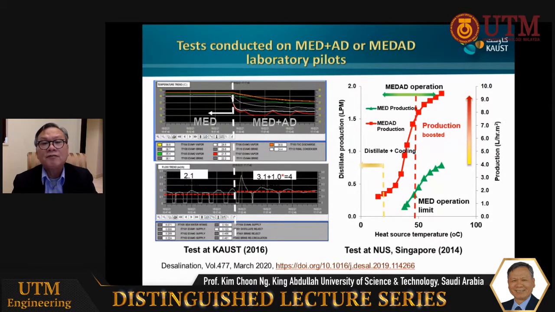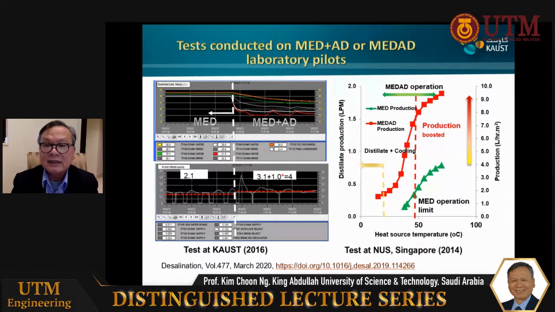And the same is also found in our earlier plant at Singapore, at NUS, where Dr. Wakil did his PhD. You can see that there is a water production boost when you run in a hybrid operation, MED-AD operation.